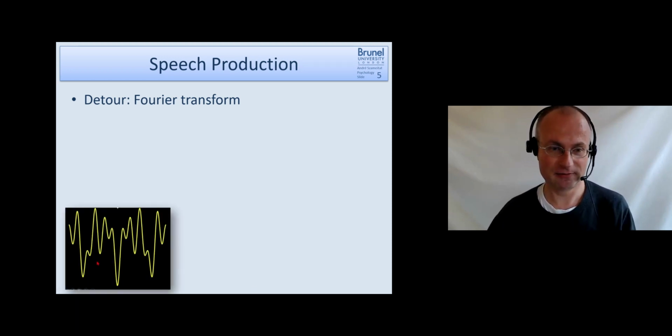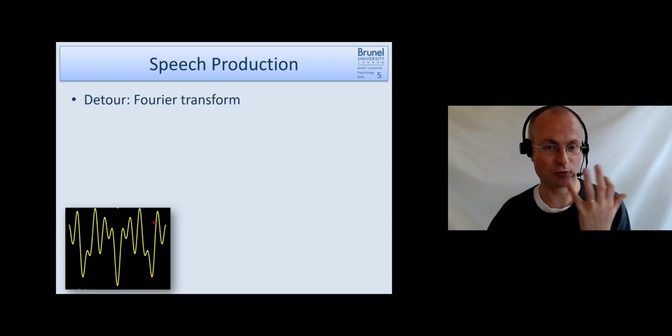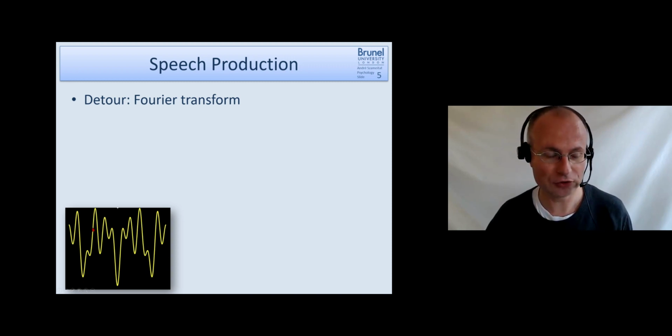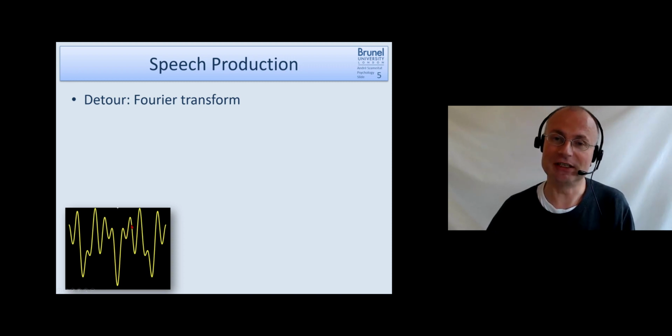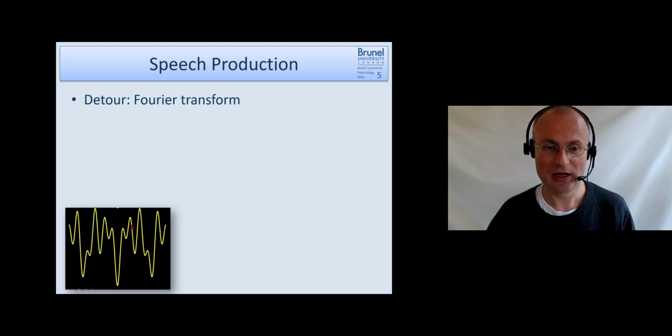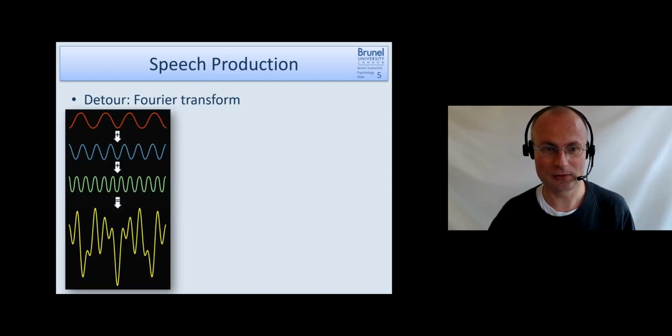Suppose we have a signal like that. It could be a recording of a speech or of a music or any other sound. This, what I describe, can be done for any acoustical signal. Now, when we have such a signal, we could try and describe it as good as possible by breaking it down in sine frequencies.